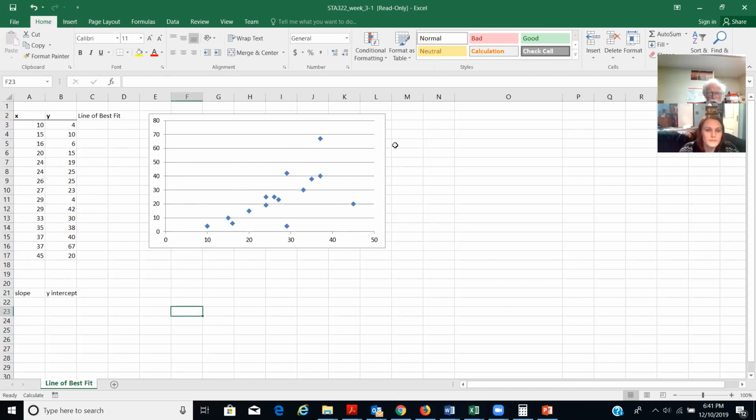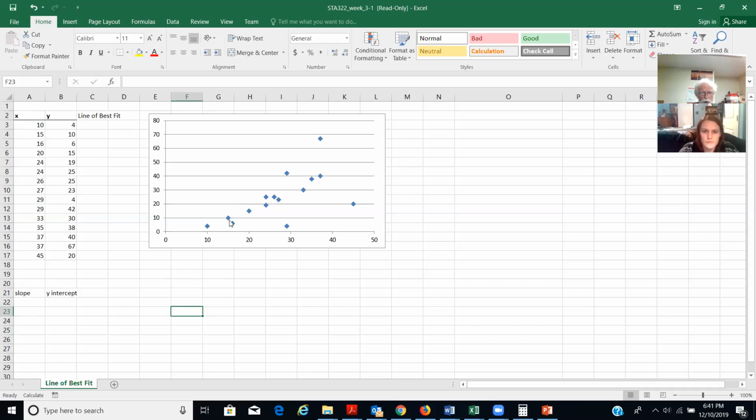Now, in your instructions, it tells you to use trend. Don't. It's frustrating. I have finally figured out how to use it partly, but it's very poorly done because it just won't return any useful data.